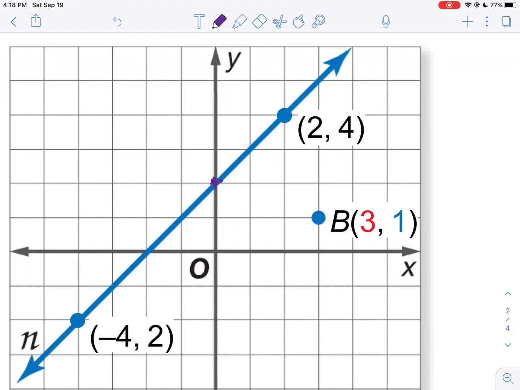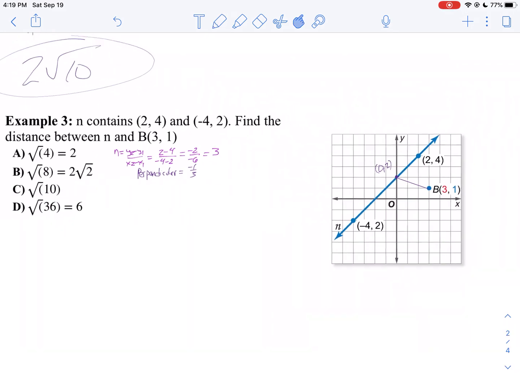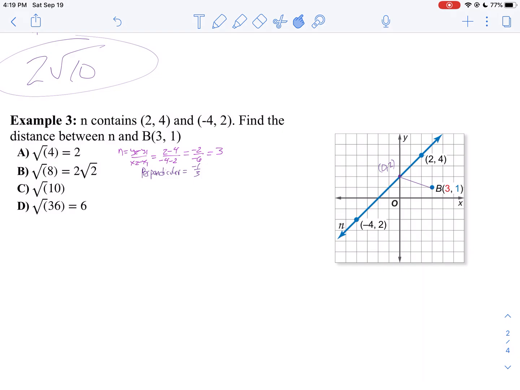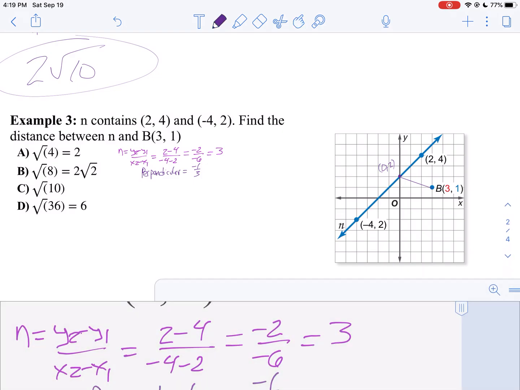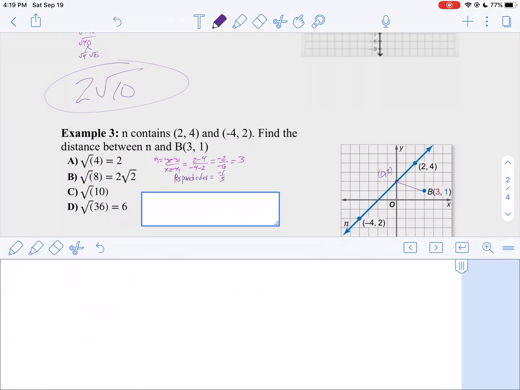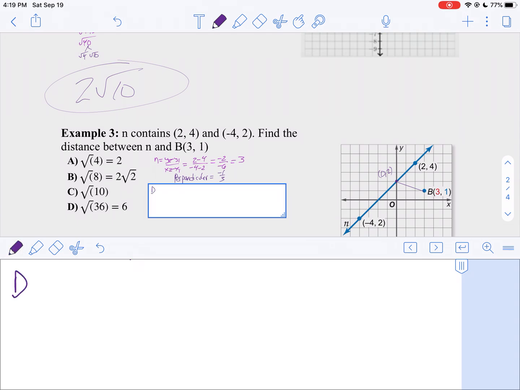So in other words, I want to find the distance between 0, 2 and 3, 1. I want to find this distance right here. So let's go ahead and do that. We'll use the distance formula again. We know distance is the square root of x2 minus x1 squared plus y2 minus y1 squared.